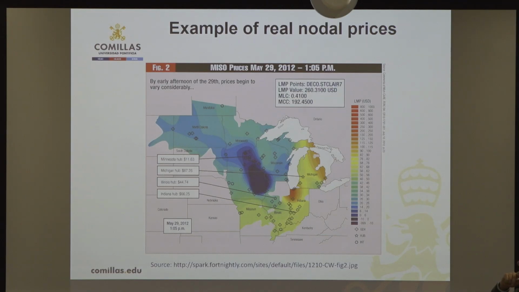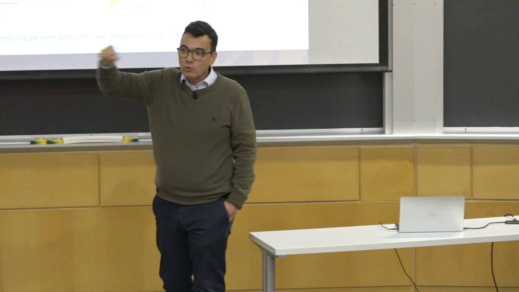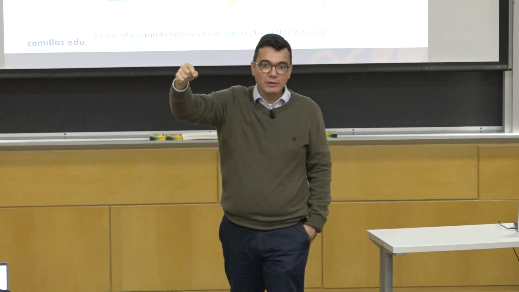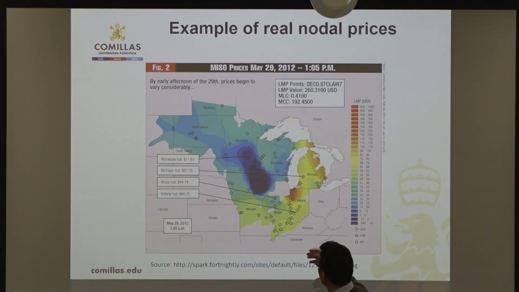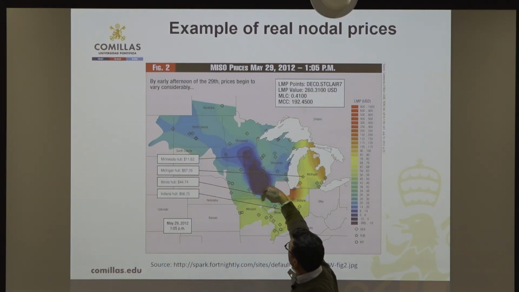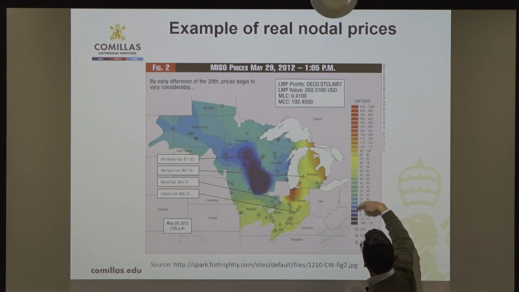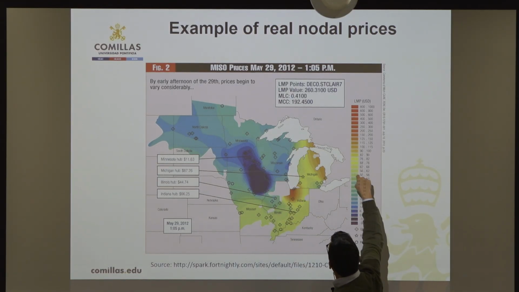This is a classical example where we see what are the locational marginal prices in the MISO electricity market here in the US, where you can see that there is a variety of possible prices. I mean, these prices are obtained as the dual variables of this constraint. For every node of the system, you have this dual variable and it tells you what is the price. What you can see here is that there are places where the marginal price is very small compared to others which is very high.